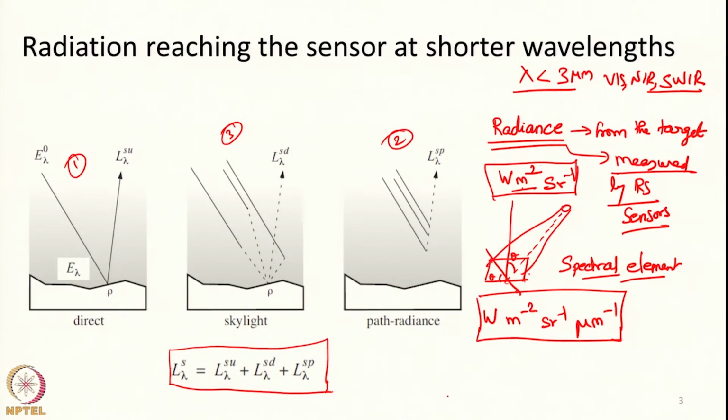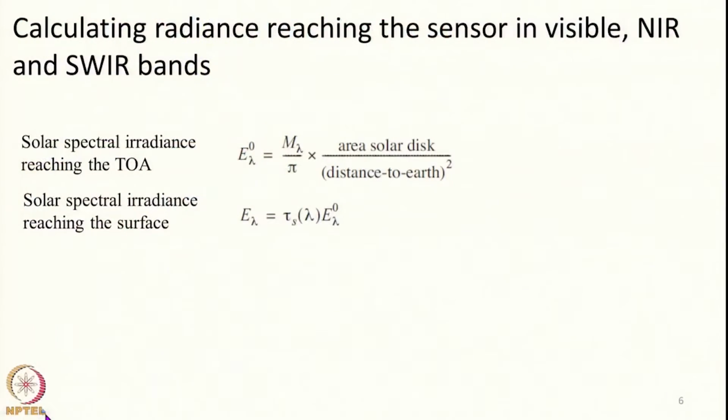Now we know the major 3 paths in which energy can reach the sensor. We are going to derive some basic equations to know how much radiance will reach the sensor. First we will discuss those equations in the shorter wavelengths.